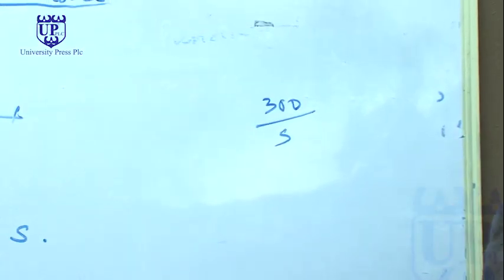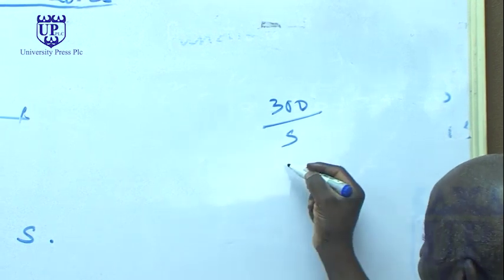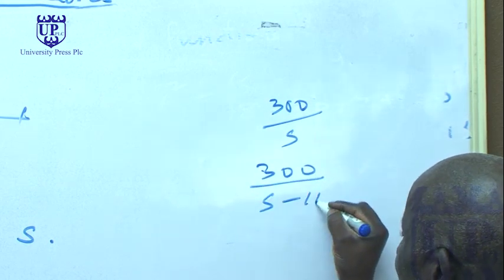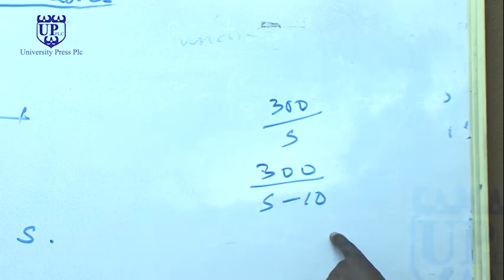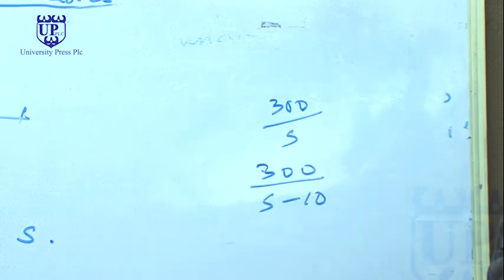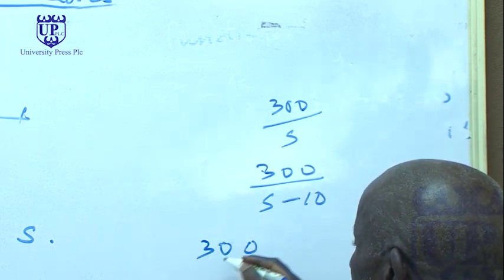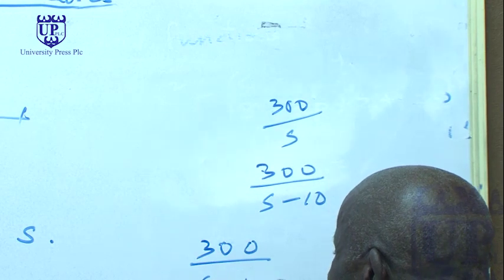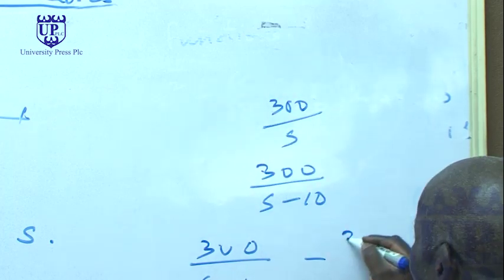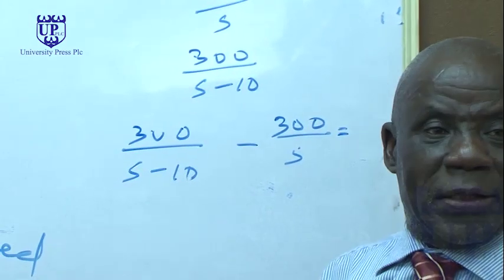If the speed is reduced by 10 kilometers, you know that it will take longer time. The time taken there will be 300 over s minus 10. It will take longer time here than this. So the difference in the time, the question says it will take 25 minutes longer. So it will be 300 all over s minus 10, minus, because the time here will be more than this, minus 300 over s, and that will be the difference in time, 25 minutes.